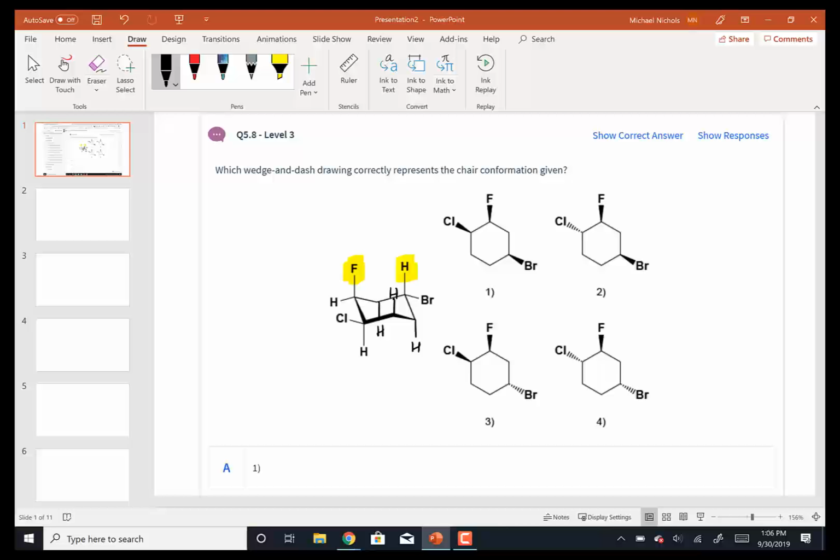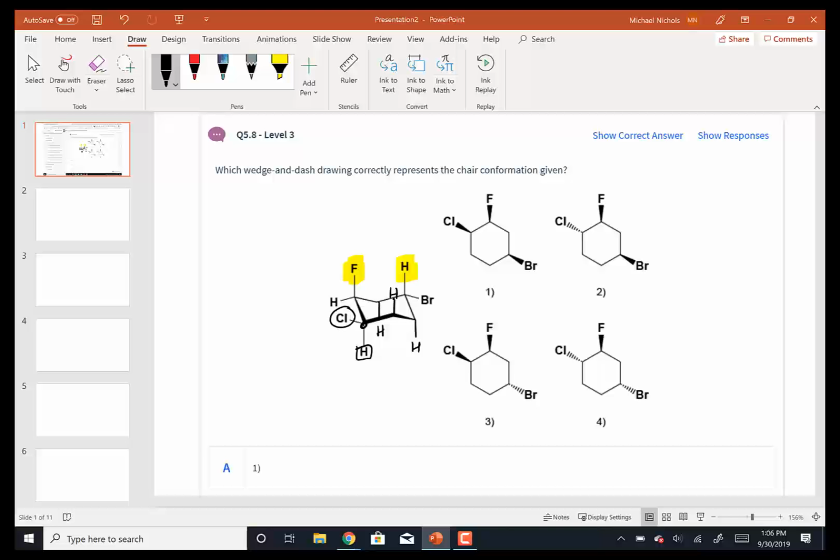So my suggestion is that when you're trying to determine if something is above or below the plane of the ring, if you're looking at this chlorine, for instance, and it's not quite making sense to begin with, then look at it and say, oh, this chlorine is attached to this carbon, and that hydrogen is clearly below the plane of the ring.